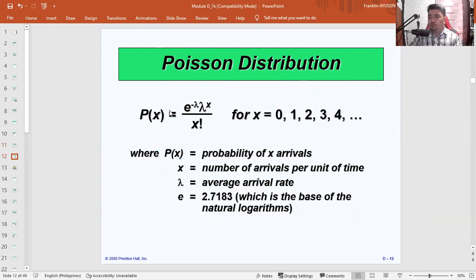So dito na ngayon papasok tong Poisson distribution. After defining P(X), or the probability of arrival, that is what we're trying to determine.